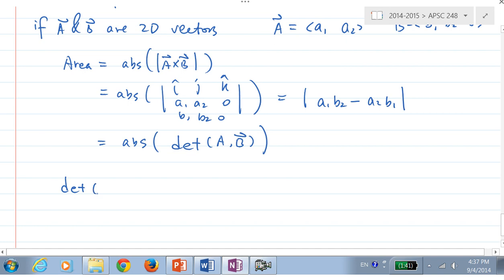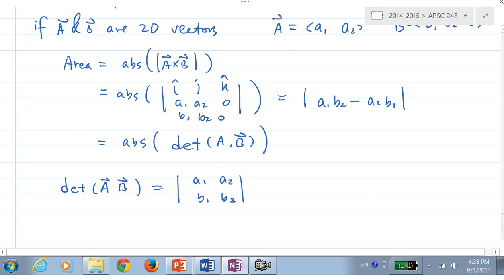When we say determinant of A, B, it's this matrix A1, A2, B1, B2, the symbol there, right? That basically matches this thing here. That only applies to the 2D case though. I need this similarity for the next application. You'll see that. It's all good.